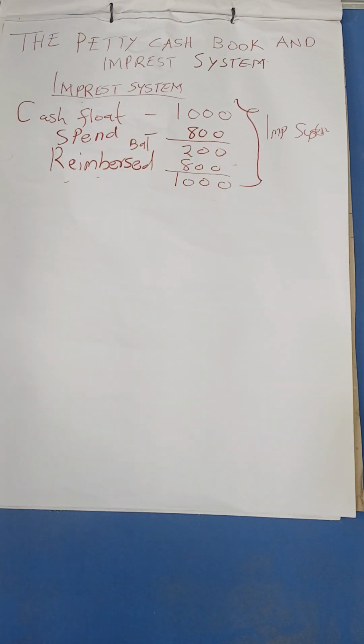Good. Let me point something out before we go now to the format of the petty cash book. You have to know this. When you are in the exam and you are given a certain cash float to work with, you'll never be told in an exam to go for the reimbursement. Point to note.